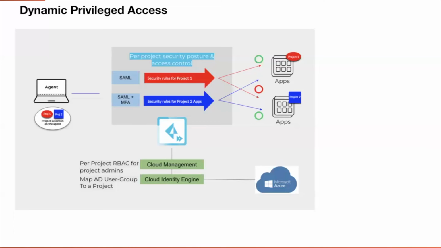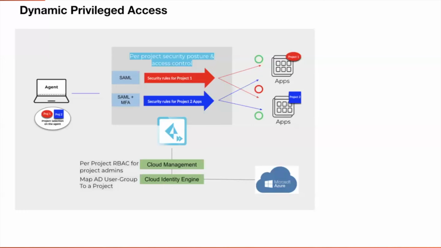So RBACs with respect to splitting out the security policies, or what we call snippets. For every snippet, the project admin gets access to write and manage the security policies, and the configurations for how the agent connects to Prisma Access.